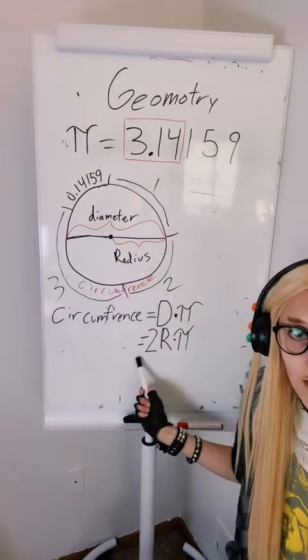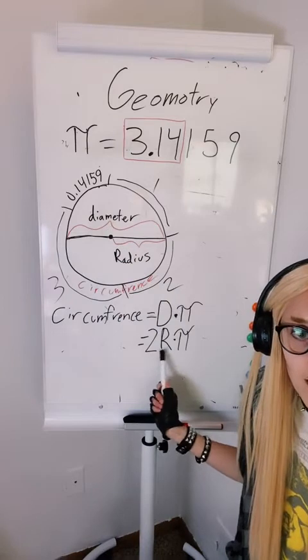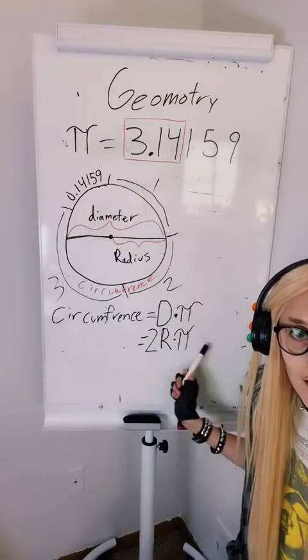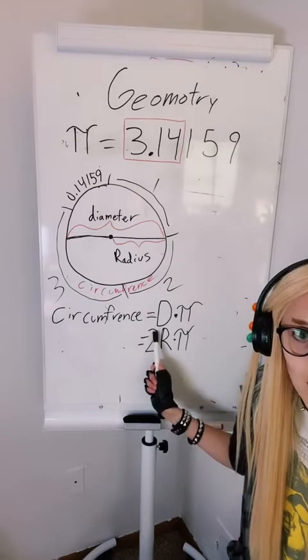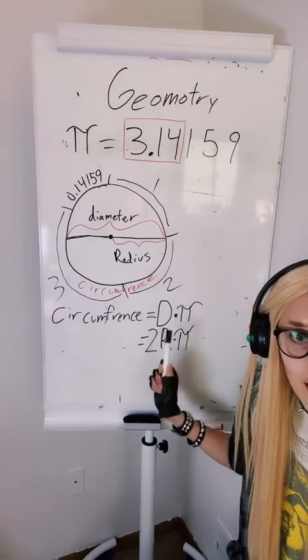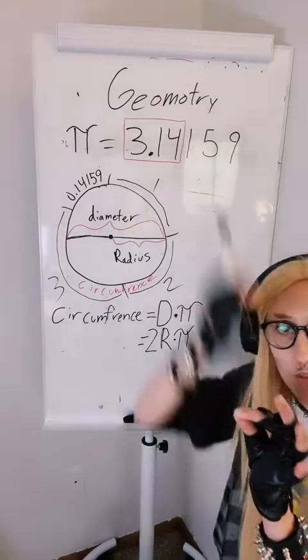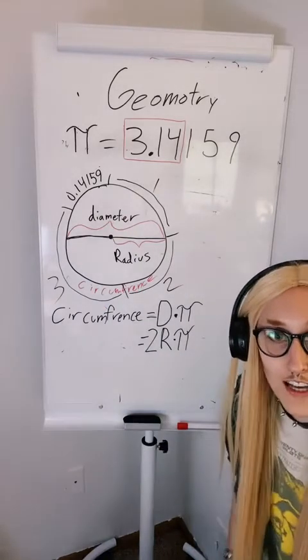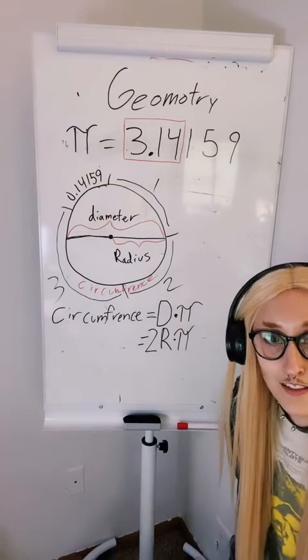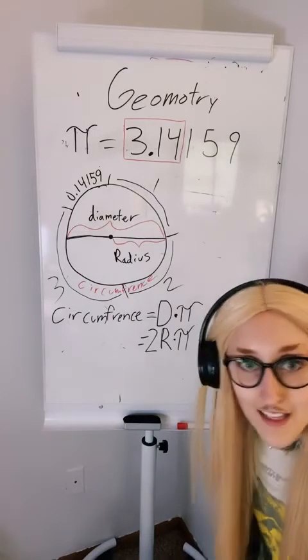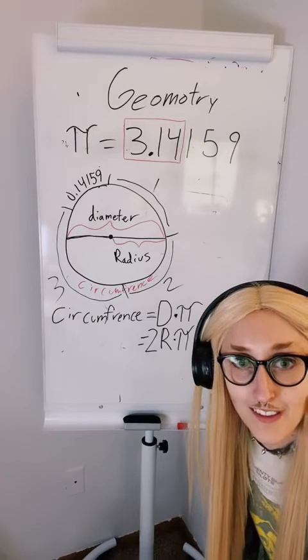So that's where we got that from. 2 times your radius times pi is your circumference, because 2 times your radius is just your diameter. And the diameter is just 3.14159 spaces around your circumference. That's it. Nothing mystical or magical.